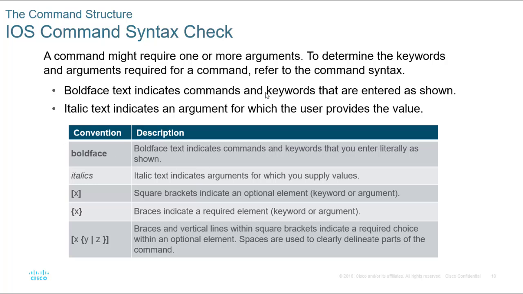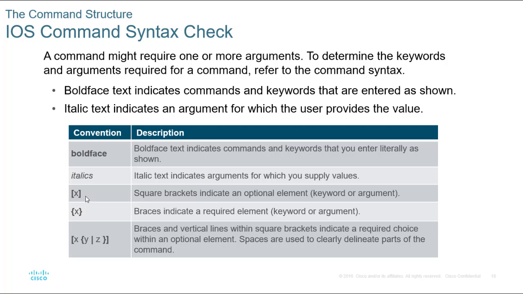When you're given a command syntax element, what they mean is if there's boldface font, that means you enter the command literally as shown. If it's in italics, that means it's an argument, meaning you supply the values. It's not a predefined value. If you see square brackets, that means that element, keyword or argument, is optional.